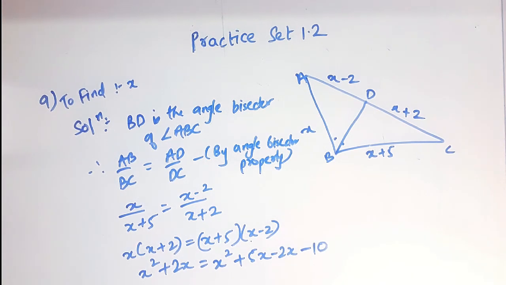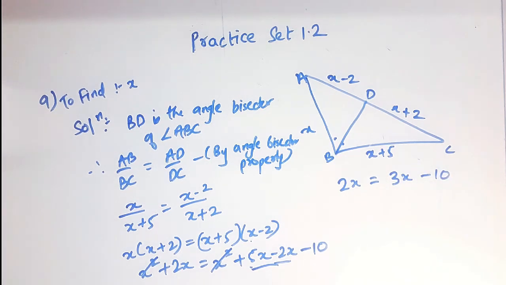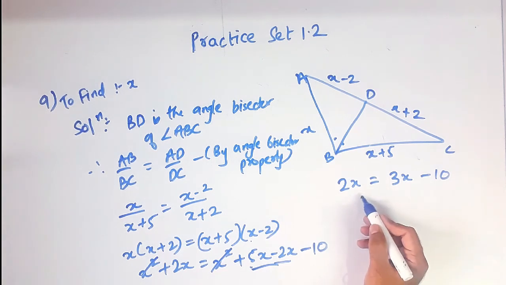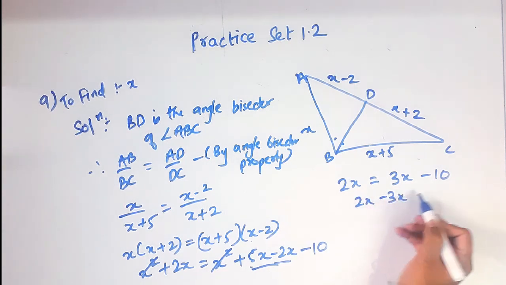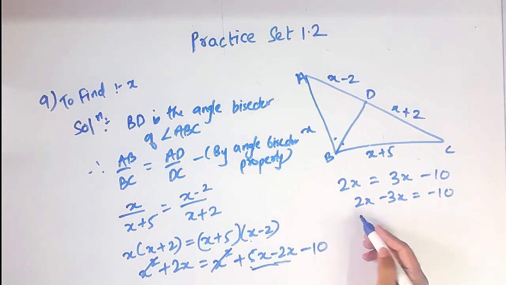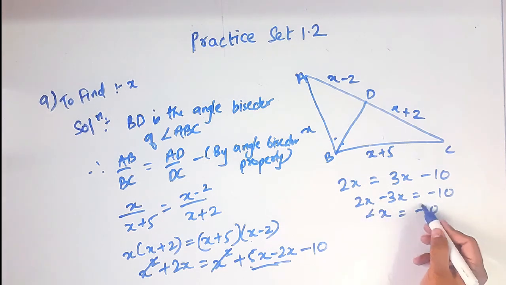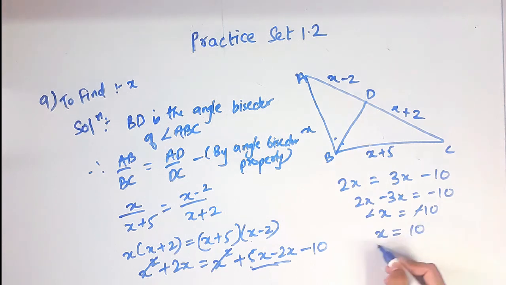You can see here x square gets cancelled. What remains is 2x equals 3x minus 10. If I solve this, 2x minus 3x equals minus 10, so minus x equals minus 10. The minus signs get cancelled. The value of x is 10.